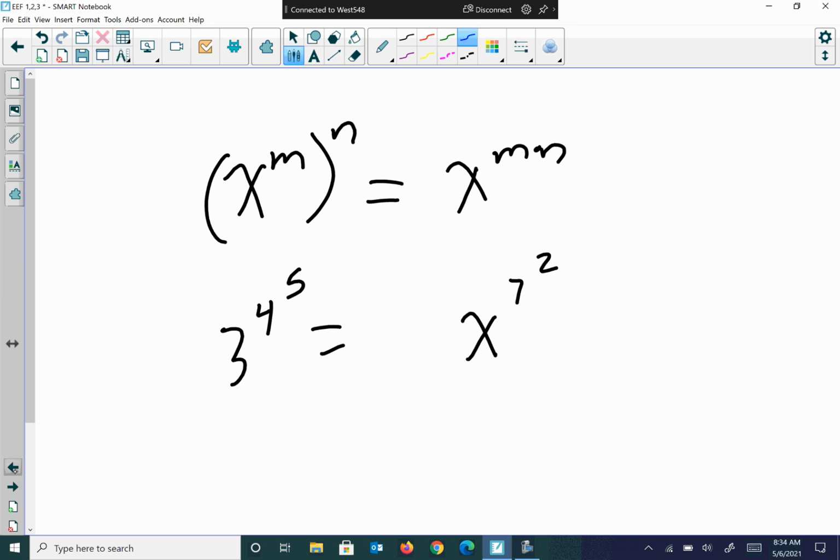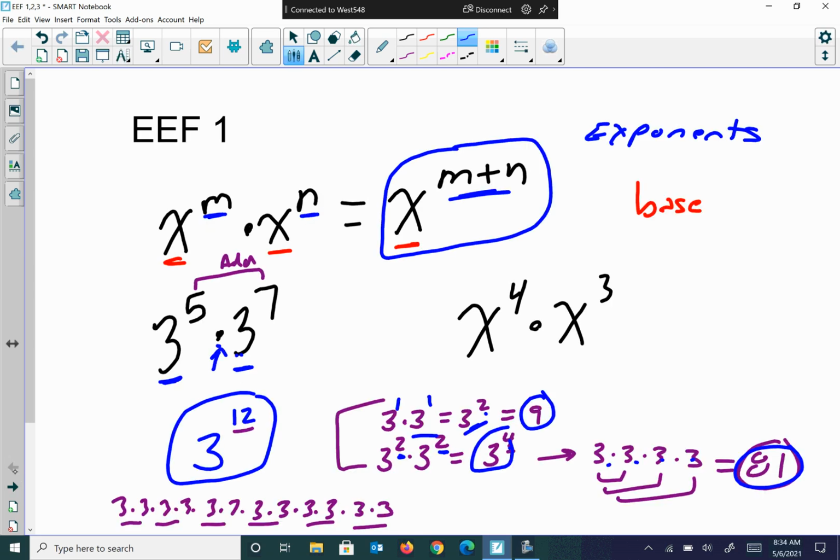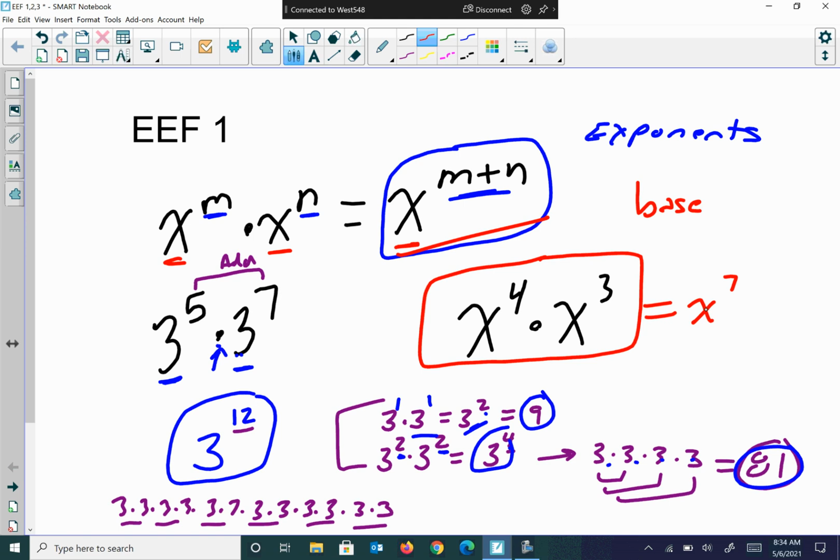So, let me go back a screen. Oh, I still had a problem here. So, friends, what is that going to be based on our rule up here? x to the 7th power. So if it's x to the 7th, I didn't go x times x, I counted up, I added those.